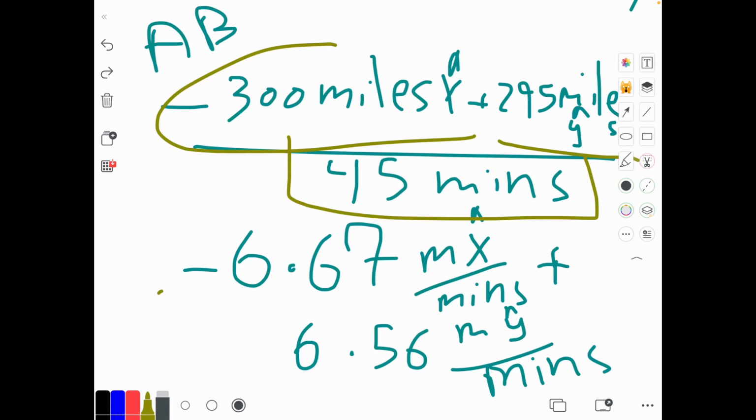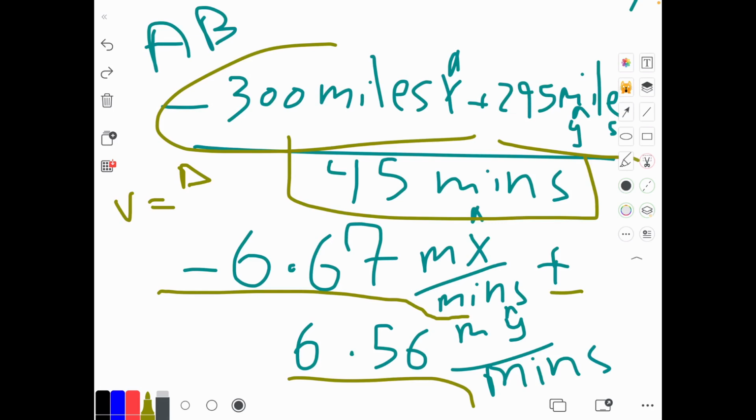So we get negative 6.67 miles x hat per minute plus 6.56 miles y hat per minute in order to get the velocity. Because remember, velocity is the delta vector, whatever vector we have, so we say delta x over delta time.